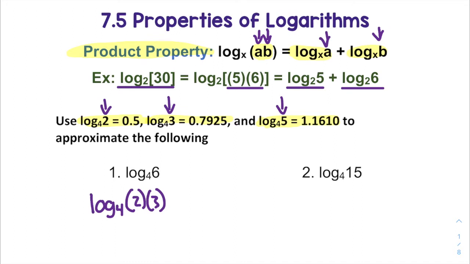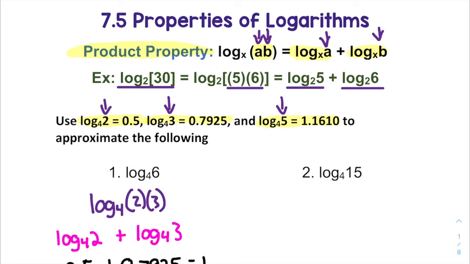I can then use what they gave us to evaluate, such that the product property says if you could rewrite it as the log base 4 of a multiplication problem, or two values being multiplied, we can now find the value by doing log base 4 of 2 plus log base 4 of 3, in which they tell you the value of above. Log base 4 of 2 is 0.5, plus log base 4 of 3 is 0.7925.